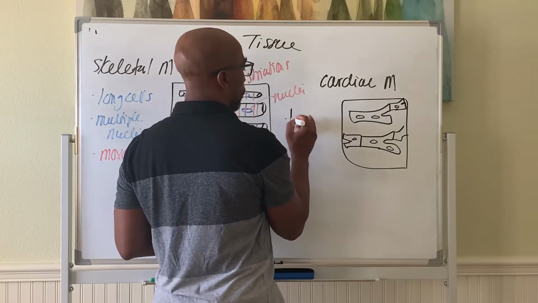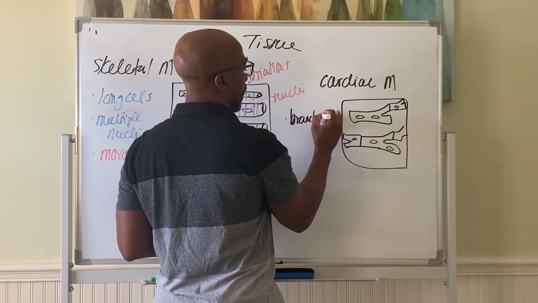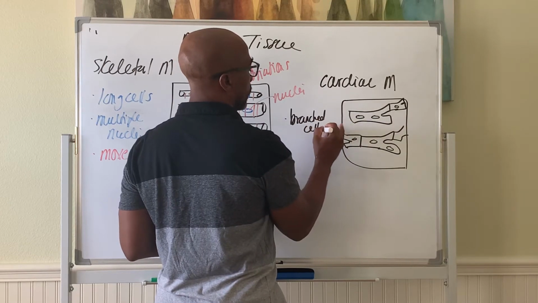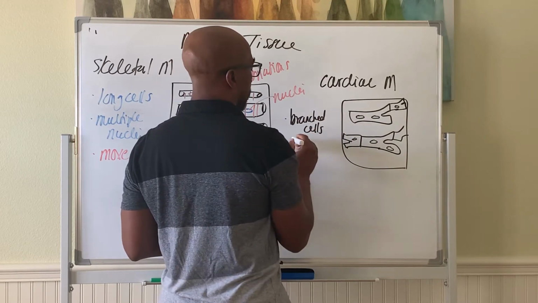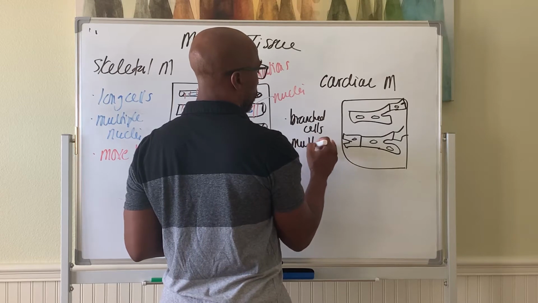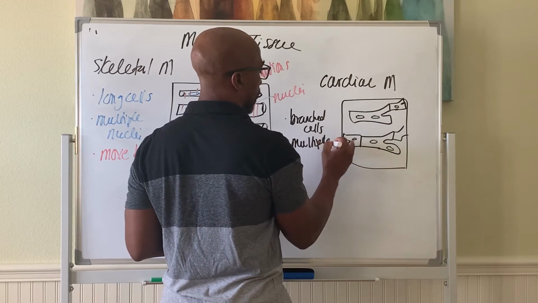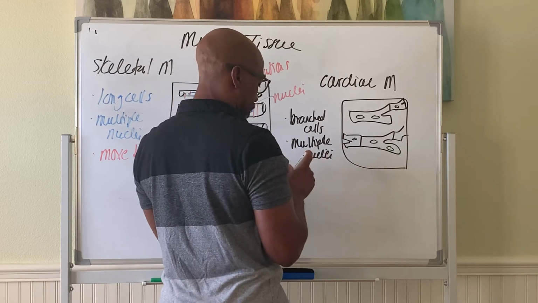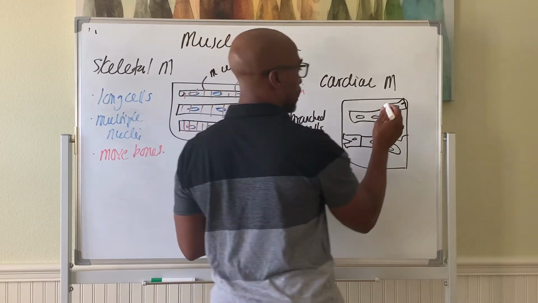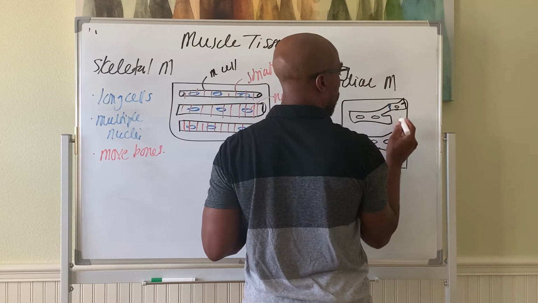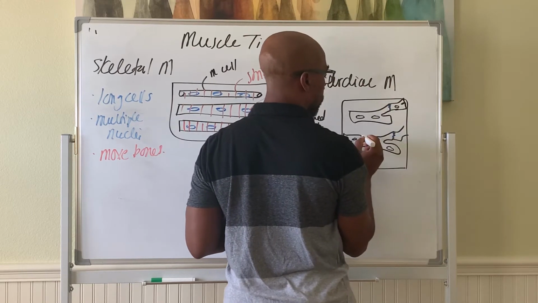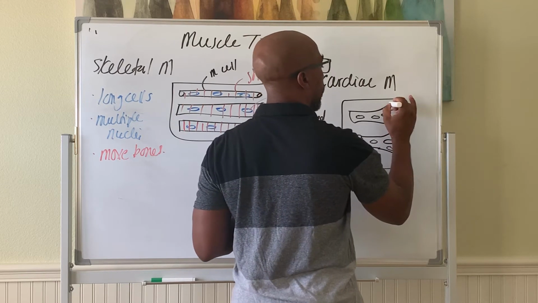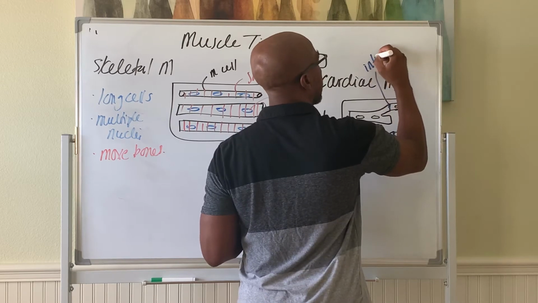So we can see these are branched cells, with single or multiple nuclei. The areas where they meet together are specialized junction points that we call your intercalated disc.